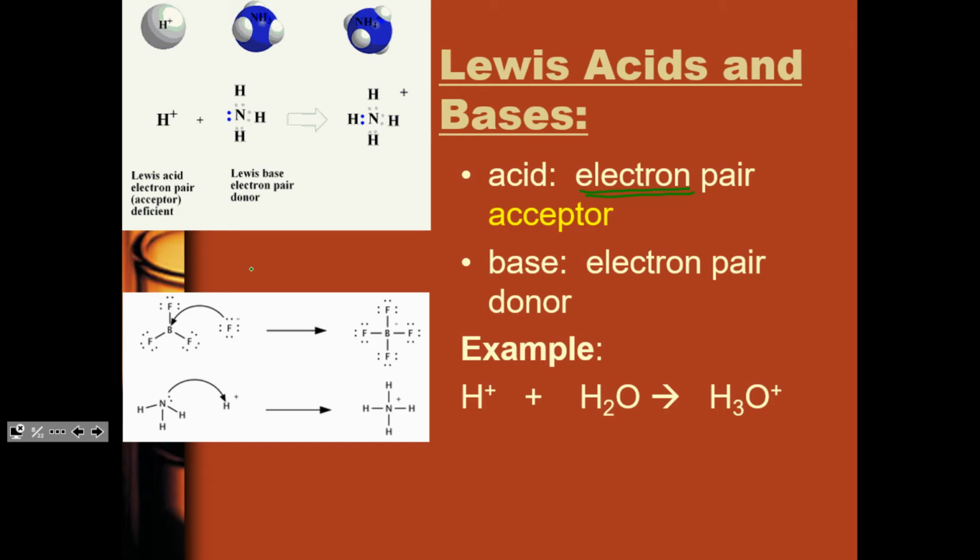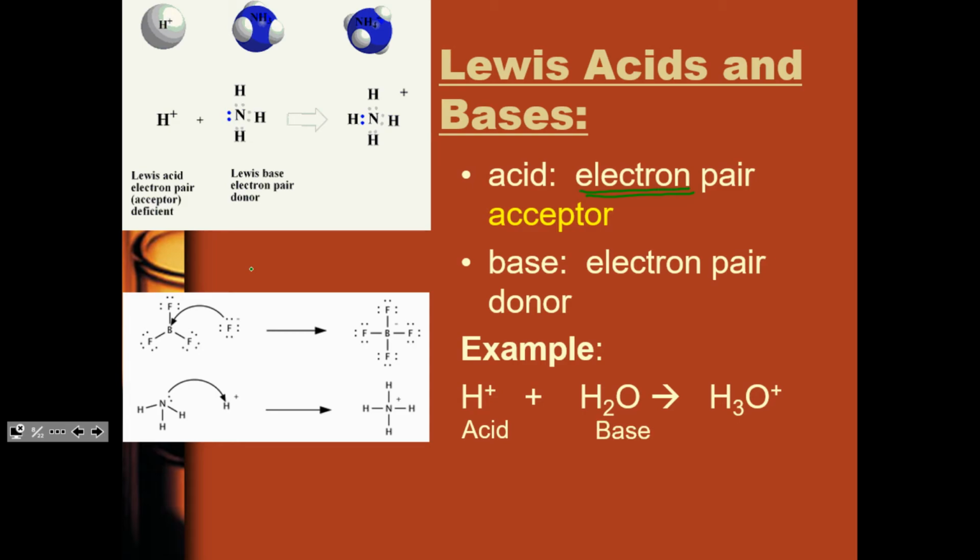So here's an example. H plus plus H2O yields H3O plus. How do we know what happened here? The hydrogen went to the H3O plus. Well, the H plus is the acid, because it is going to accept a pair of electrons from water.